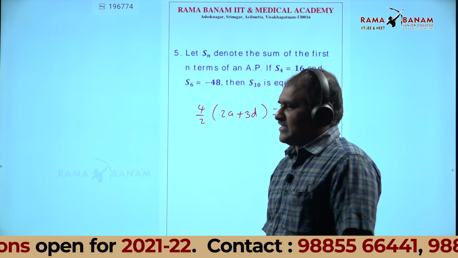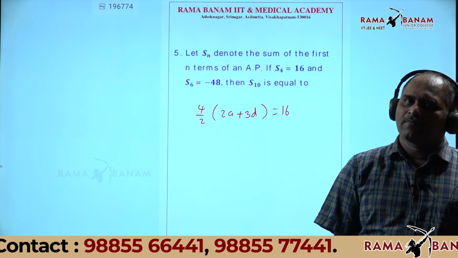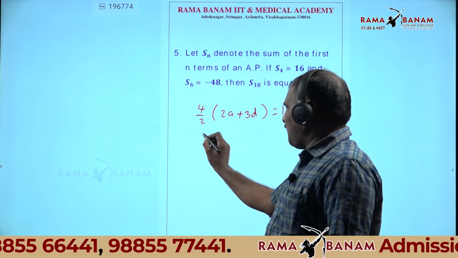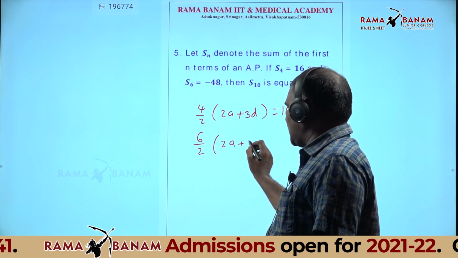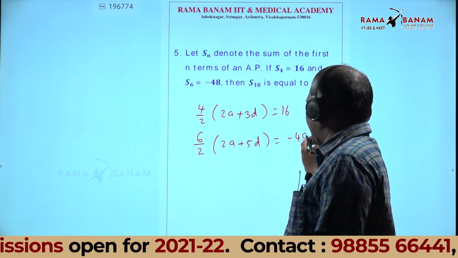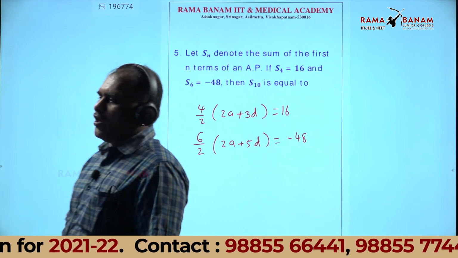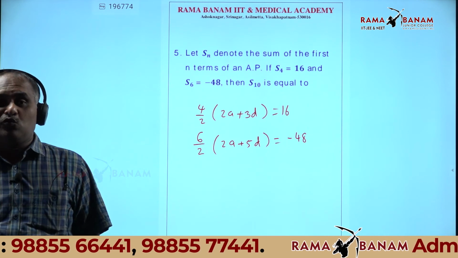How to write S6? 6 by 2 into 2a plus 5d. Very good. 6 by 2 into 2a plus 5d is equal to minus 48. Solve both equations, getting the a value and d value.